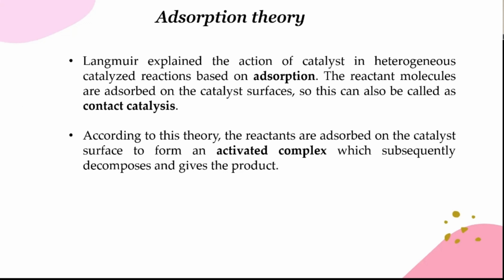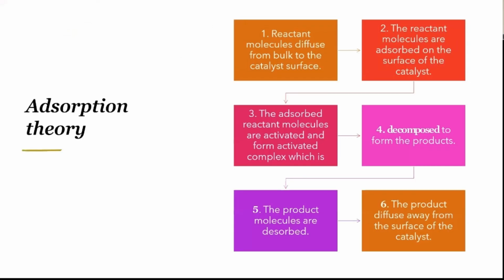The reactants are adsorbed on the catalyst surface to form an activated complex, and they subsequently decompose to give the product. So the first step, reactant molecules in the bulk have to diffuse to the catalyst surface. Once they come near the catalyst surface, they get adsorbed on it. Once adsorbed, they get activated and form an activated complex.